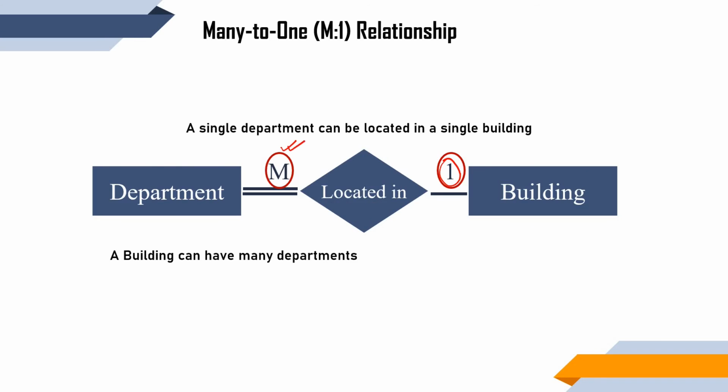Since a single building can have many departments, I can say that one building is related to M departments. So this M comes over here. So this relationship cardinality is M to 1. It indicates that a single department can be located in a single building, but a building can have many departments. So this is M to 1 cardinality.